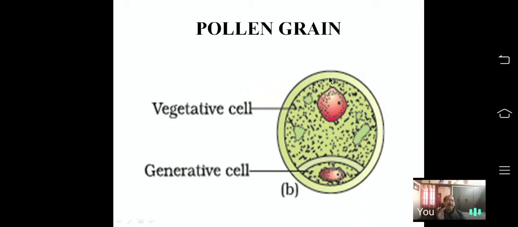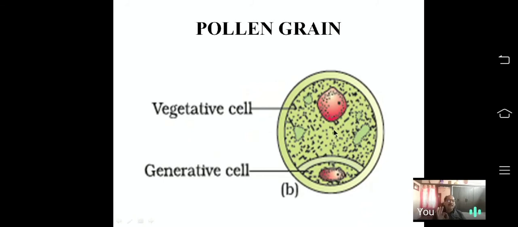Each pollen grain inside contains 2 highly unequal sized cells. This is the large sized cell containing dense cytoplasm with an irregular shaped nucleus, called the vegetative cell.